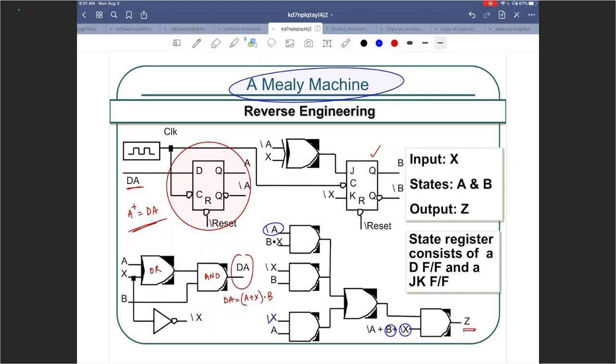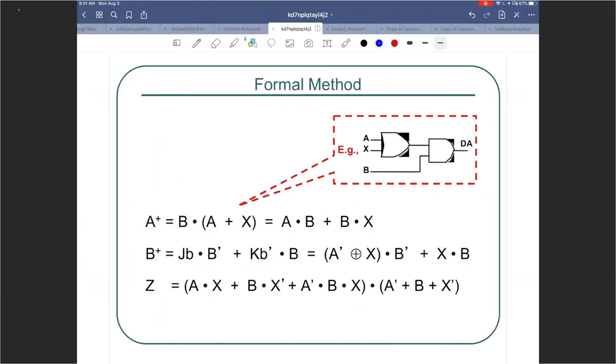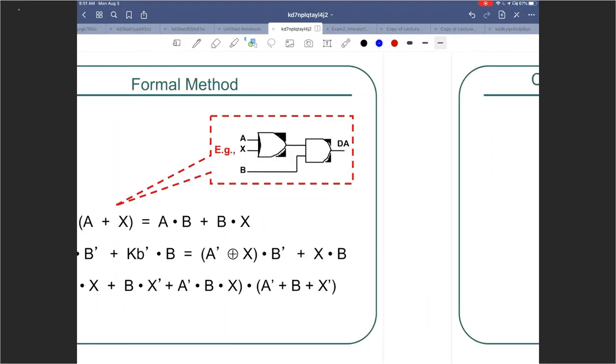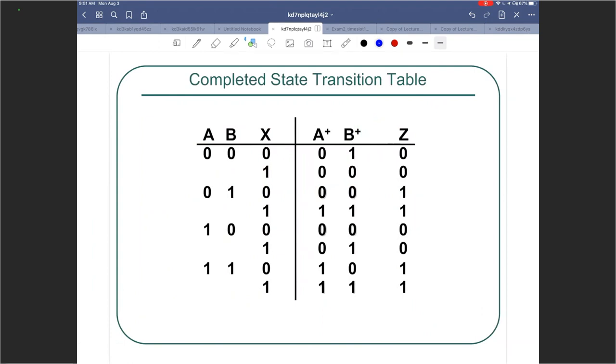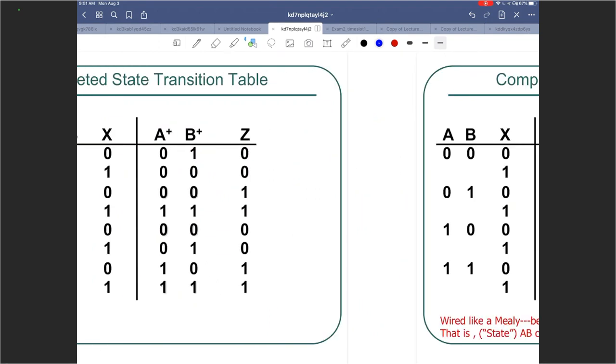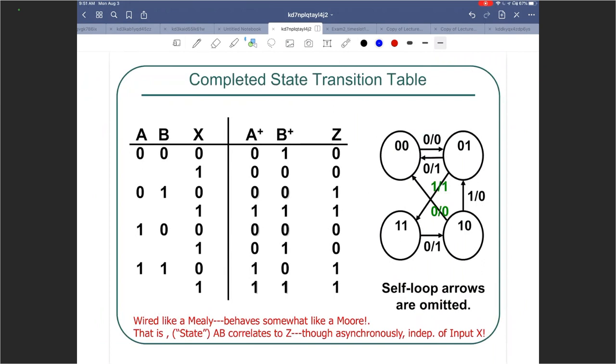So going from the circuit to the equations for A plus, B plus, and Z, filling out the state transition table based on those equations, same steps, then going to the state diagram.